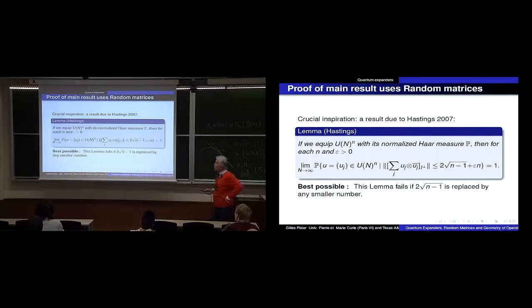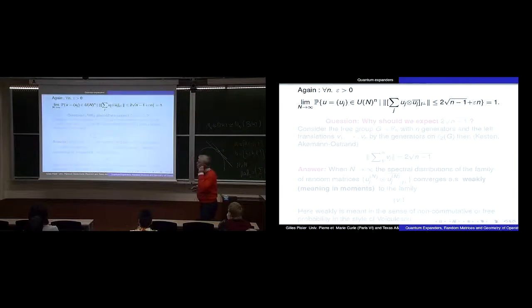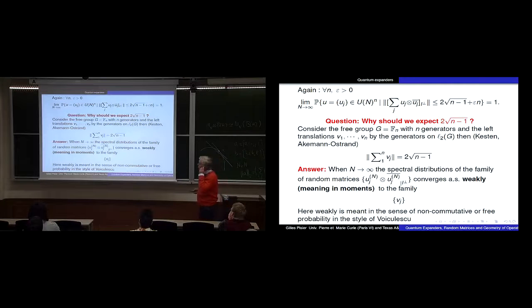Let me, however, show you, because I think this is pretty and it shows the connection of the subject with other questions, why we have this number appearing here, which some of you obviously immediately recognized. Why should we expect this number appearing here? Well, it's connected to random walks on the free group.